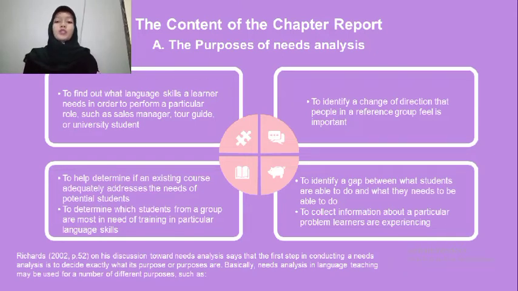Point 3, to determine which students from a group are most in need of training in particular language skills. Point 4, to identify changes of direction that people in a reference group feel are important. Point 5, to identify a gap between what students are able to do and what they need to be able to do. And point 6, to collect information about particular problems learners are experiencing.